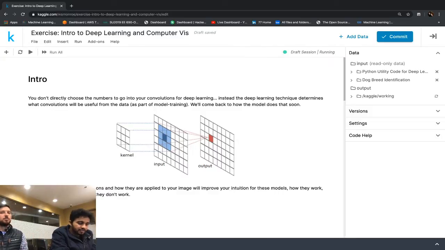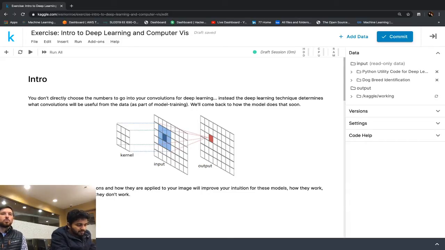You're using some filter, the magnifying glass, and passing it over some piece of information, which is the board, in order to get some new information out of it. That's the basic gist of convolution. Okay, that gives a good explanation.